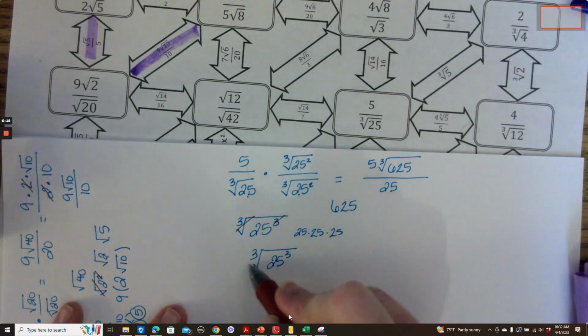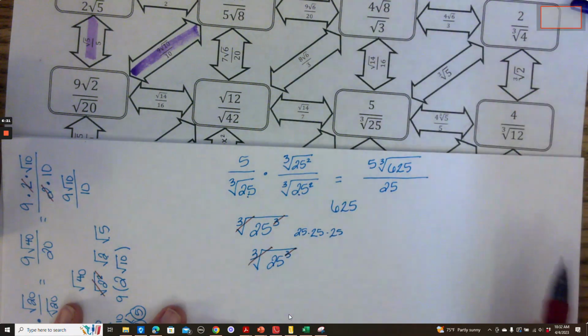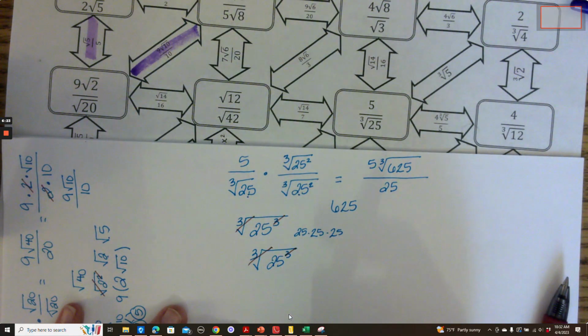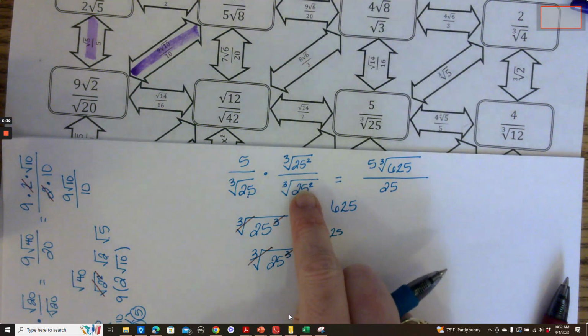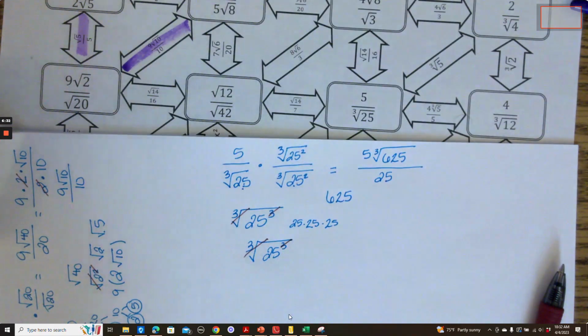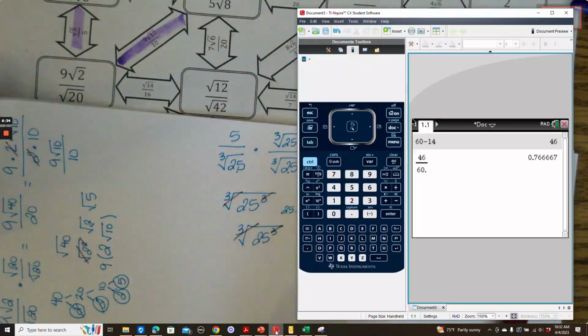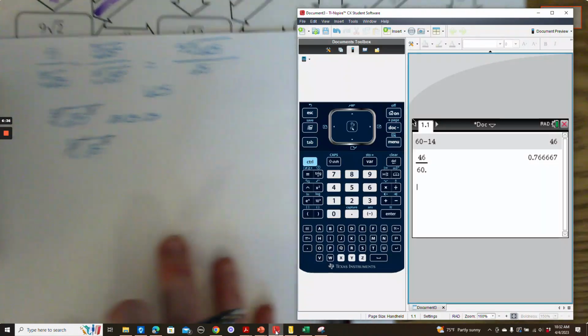The cube root and the cube cancel each other. Because you need 3 of them. You don't need 4 of them. You've already got 1 here, then you've got 2 here. Does that make sense? Okay.